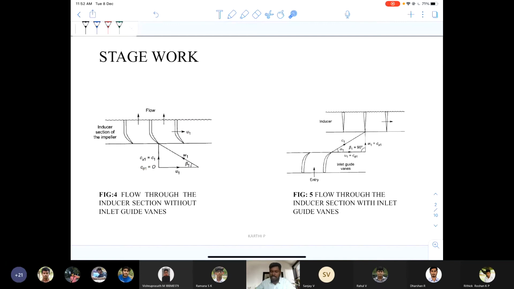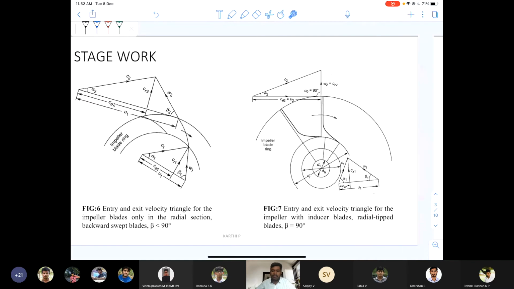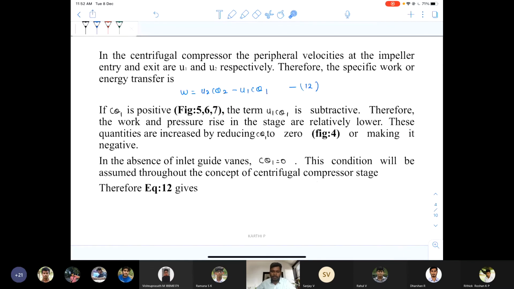Therefore, if C theta 1 is equal to 0, there will be an increase in work and pressure. These quantities, the work and pressure rise in the stage, are increased by reducing C theta 1 to 0, or making it negative.